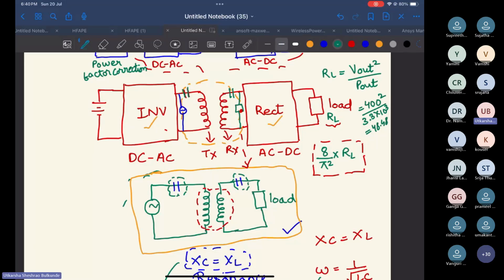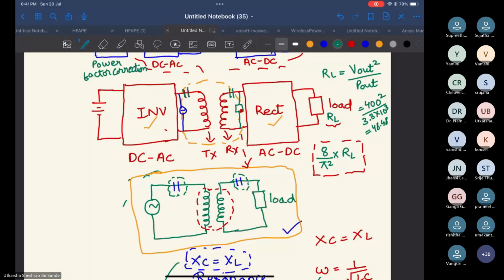After doing 8 upon pi square, can anyone tell? I don't have my calci. Okay, I'll just do it, one minute. 8 upon 9.29, ma'am. 39.29, right?